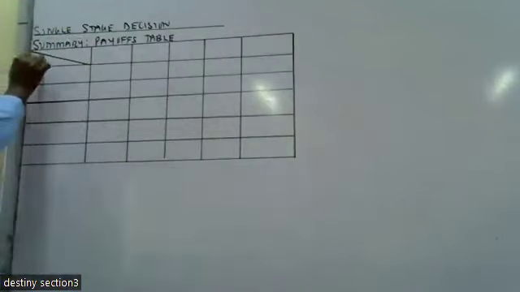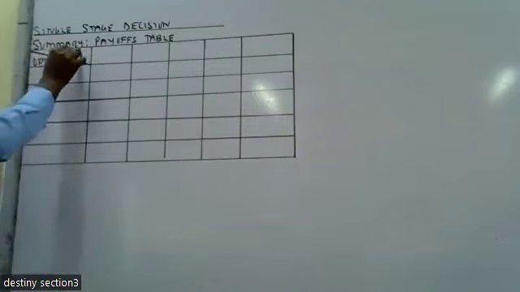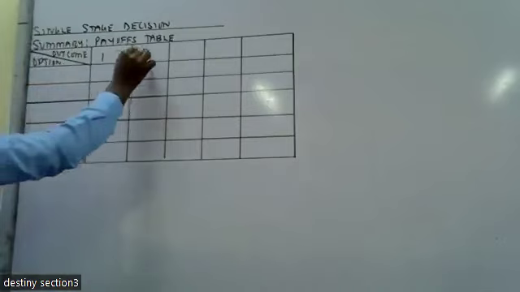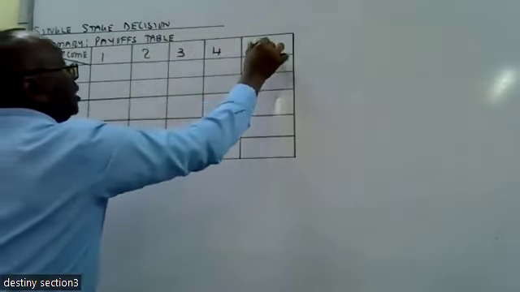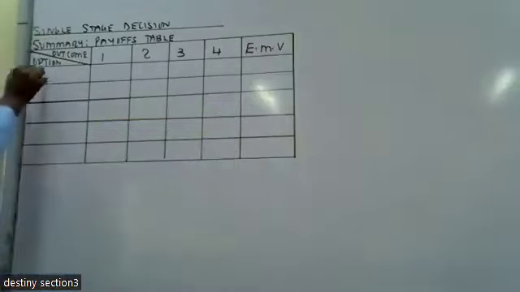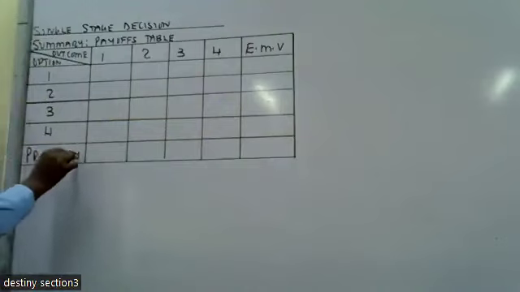We have the option and the outcome. 1, 2, 3, 4, something called EMV. Then 1, 2, 3, 4, and something called probability. That way.